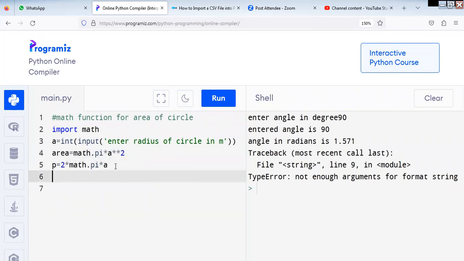So now print area of circle with radius percentage f, percentage d is percentage f.